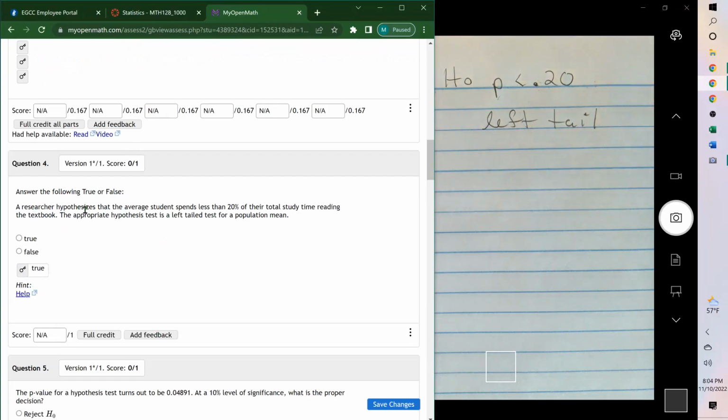I think it should be a proportion, but I think the reason they're saying mean is it says the average. The appropriate hypothesis test is a left-tailed test for a population mean. This is not correct, because this is the proportion of 20% of their total time. That's a proportion.